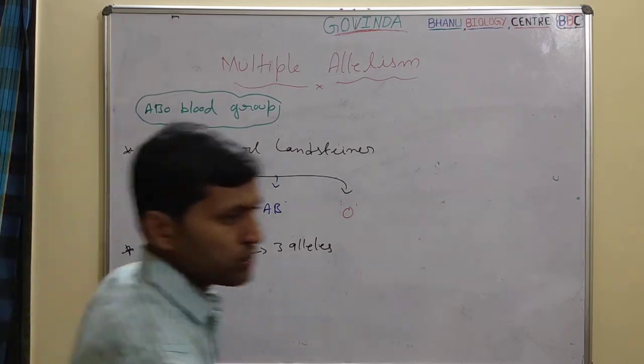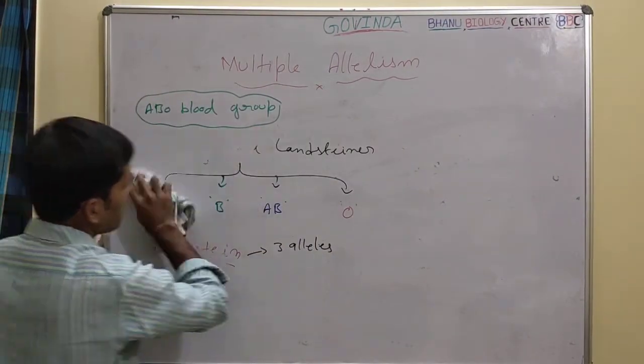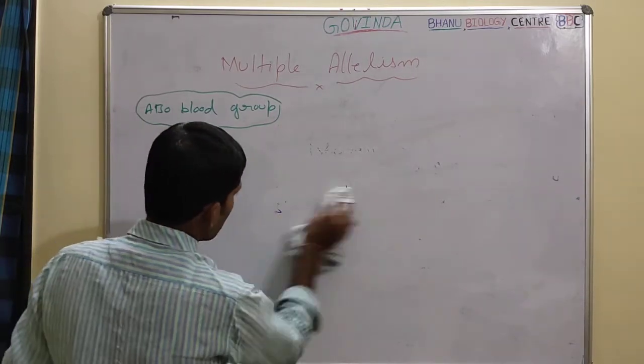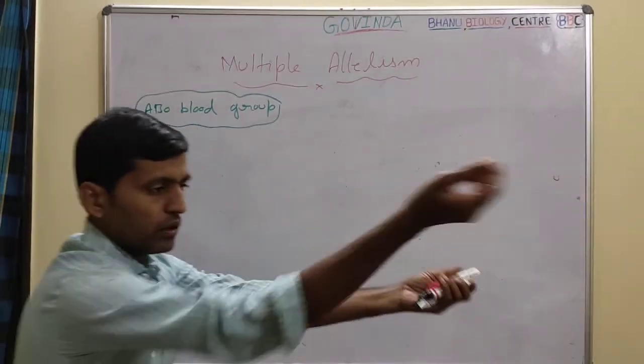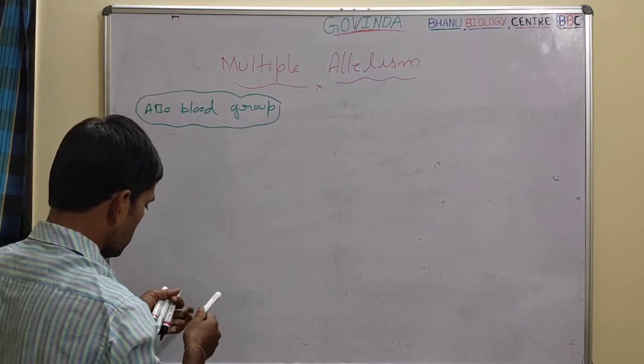Here we need to know the possible phenotypes in the ABO blood group, and how 3 alleles influence the blood group. Let me draw a table first.